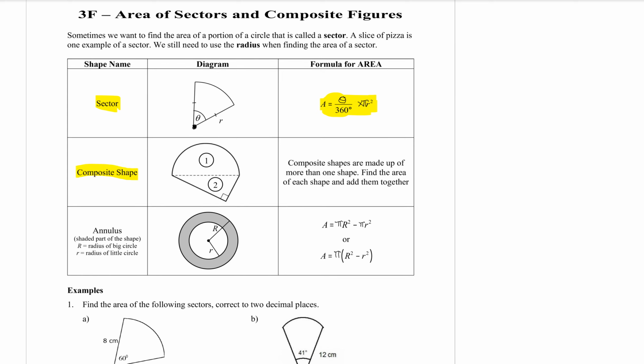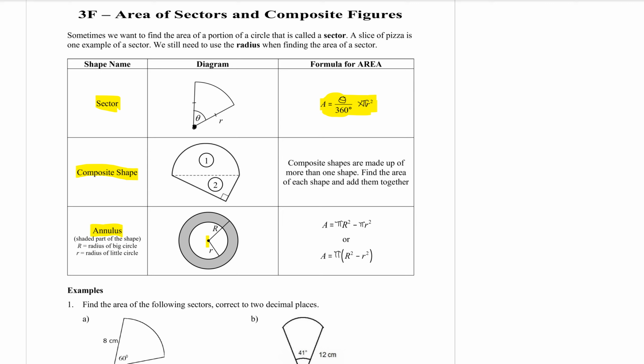We can also find the area of what is called an annulus. An annulus is two circles that have the same center, and you want to find the area between the two circles. So what you do is you find the area of the big circle. Because we have two different radiuses, we call the big circle capital R and the little circle little r for radius.